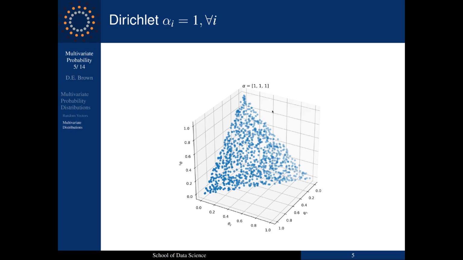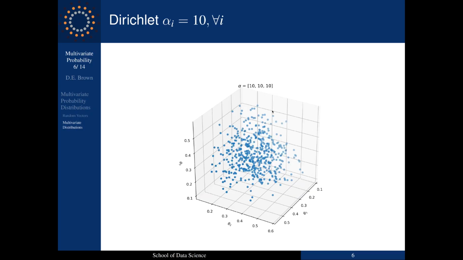However, like the beta, we can get lots of different representations for a density function in that simplex. This one happens to be a unimodal one in which the alphas are equal to 10, and you can see that they're clustered toward the center of the simplex as opposed to the edges.